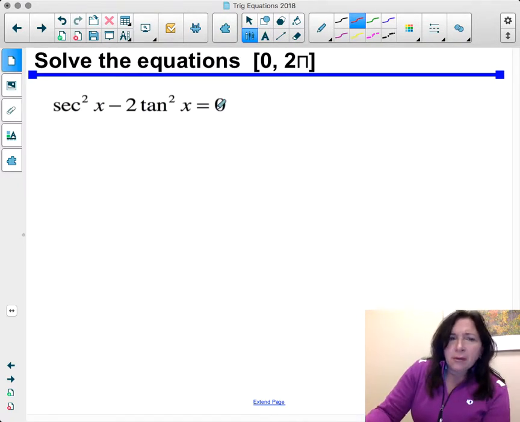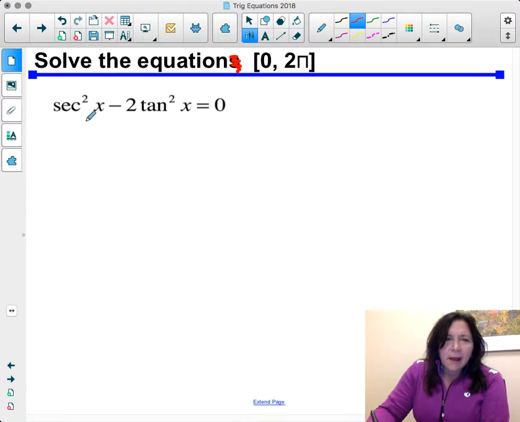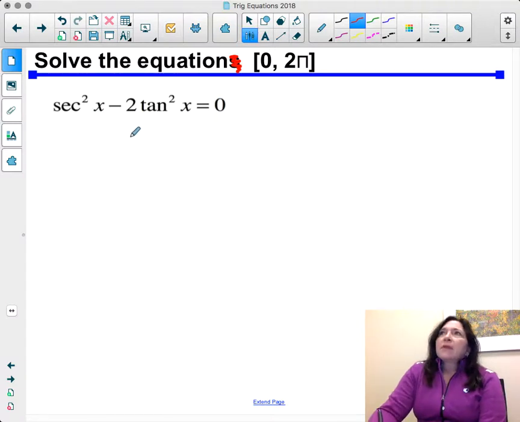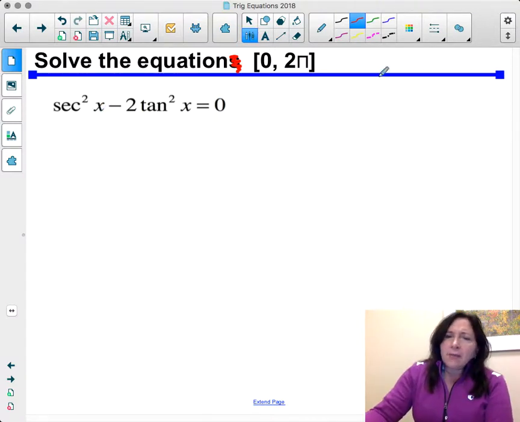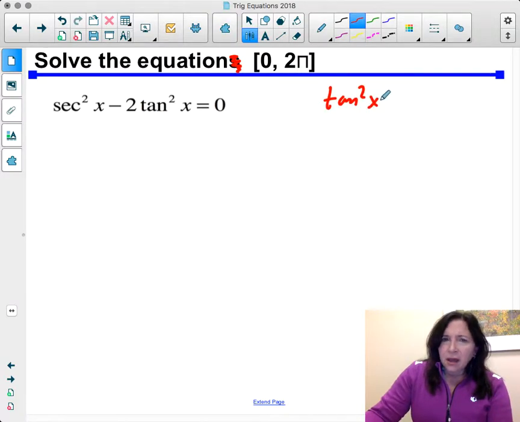So the next problem says solve the equations. Well, this implies that there's more than one equation. So solve the equation: secant squared of x minus 2 tangent squared of x equals 1. For this problem, I'm going to use one of my Pythagorean identities that says tangent squared of x plus 1 is equal to secant squared of x.